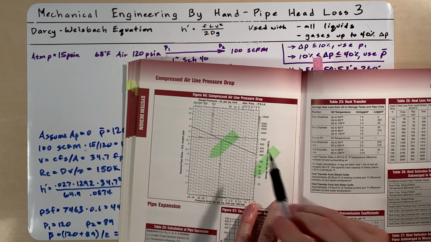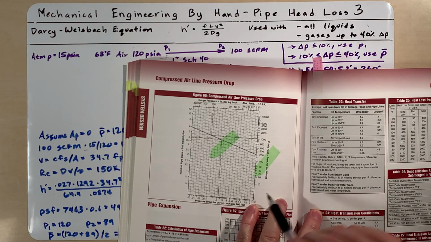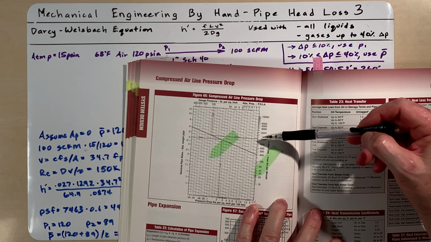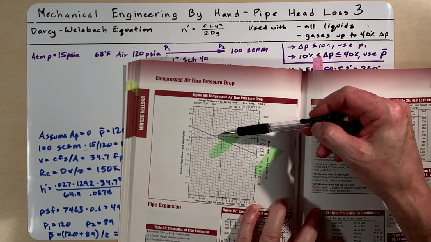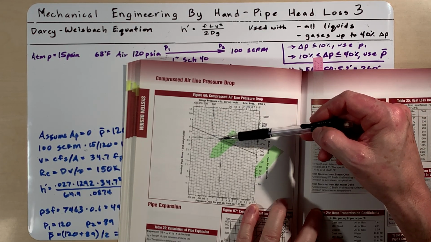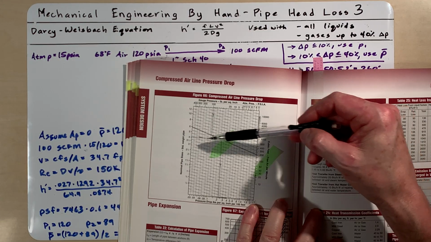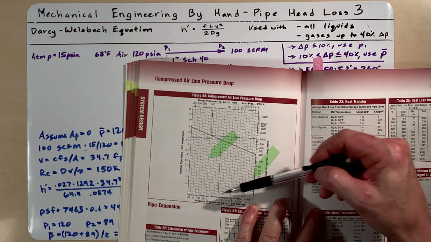On this table, it shows you the pressure loss, and they're kind of showing you how to do it. You have to start with your SCFM, find out where it meets your PSIG, and then you follow these diagonal lines down to your pipe size, and then go down to see what the pressure loss is.